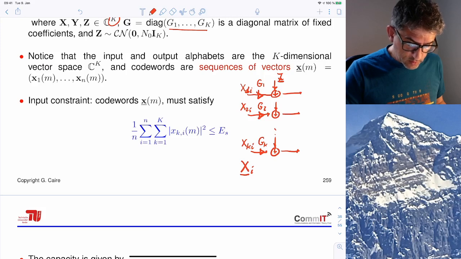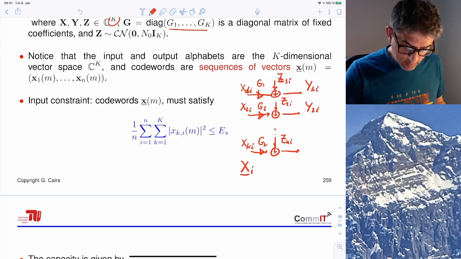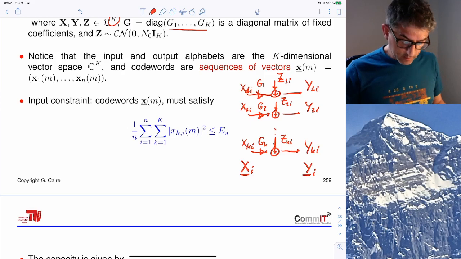The noise z1i, z2i, zki, and we receive y1i, y2i, yki. So the output is also a vector.